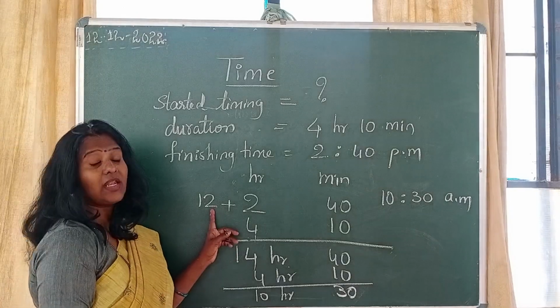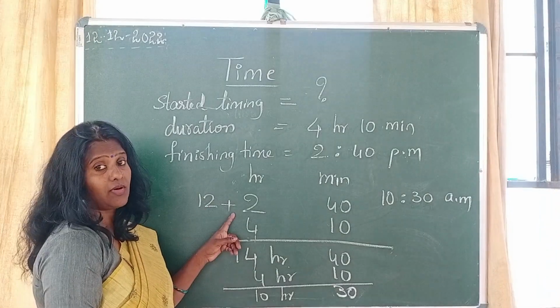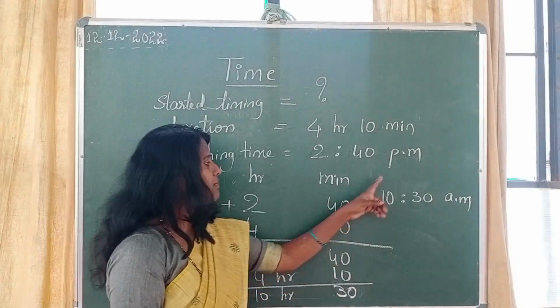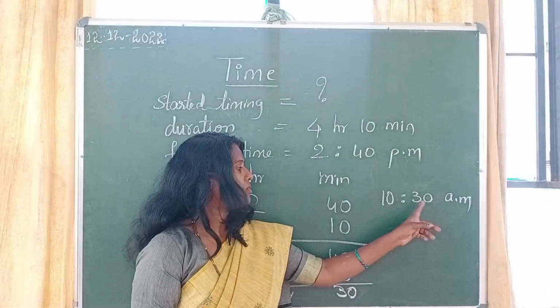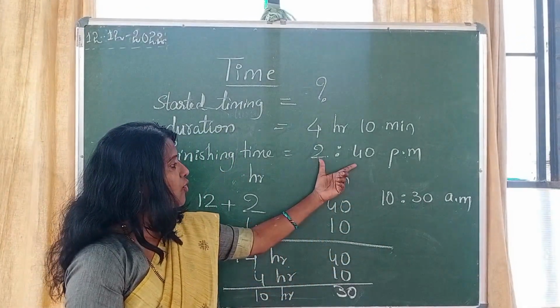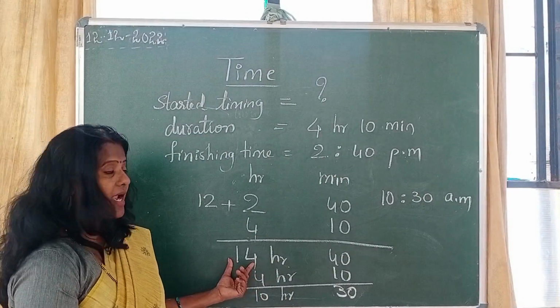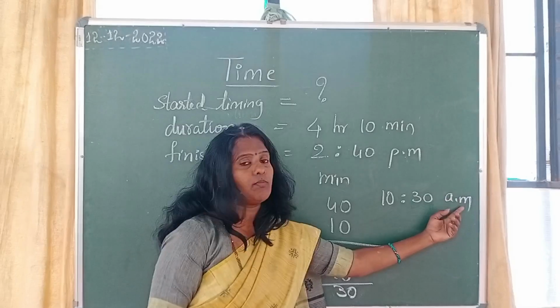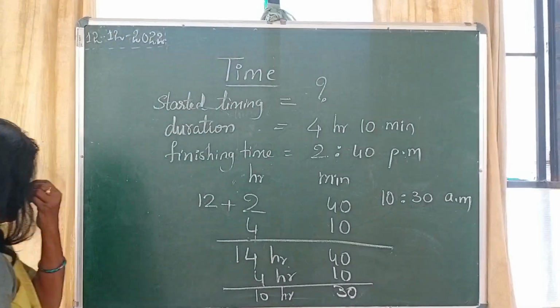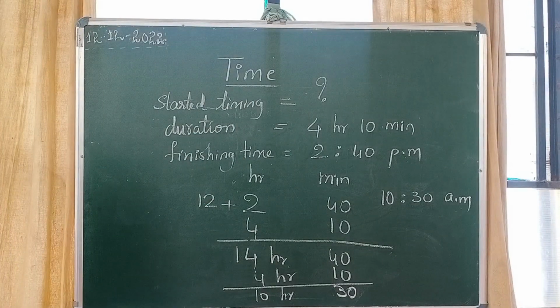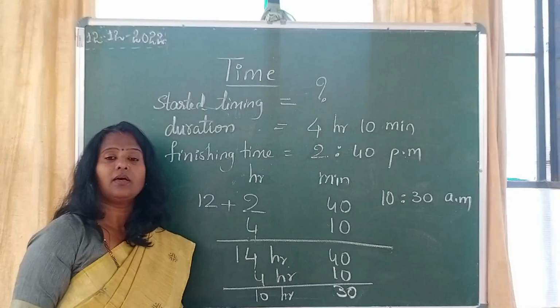Because we have borrowed 12 hours, the PM will be converted to AM now. See, he finished at 2:40 PM, so when we subtract from 14, it will come to AM. So 10:30 AM is the final answer.